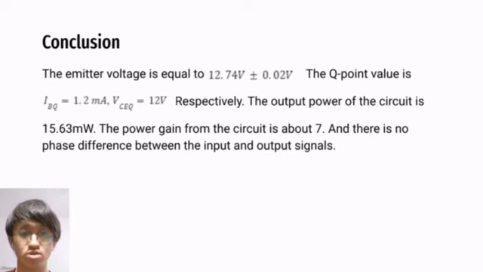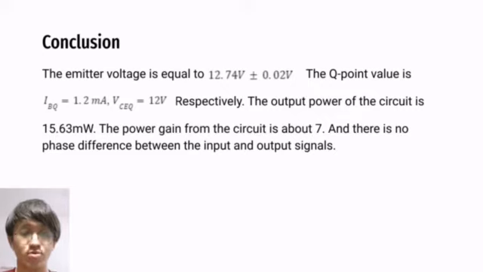Now, going on to the conclusion, the emitter voltage is equal to 12.74 volts plus or minus 0.02 volts. From the graph, the Q point values are IBQ equals 1.2 milliampere and VCEQ equals 12 volts, respectively.